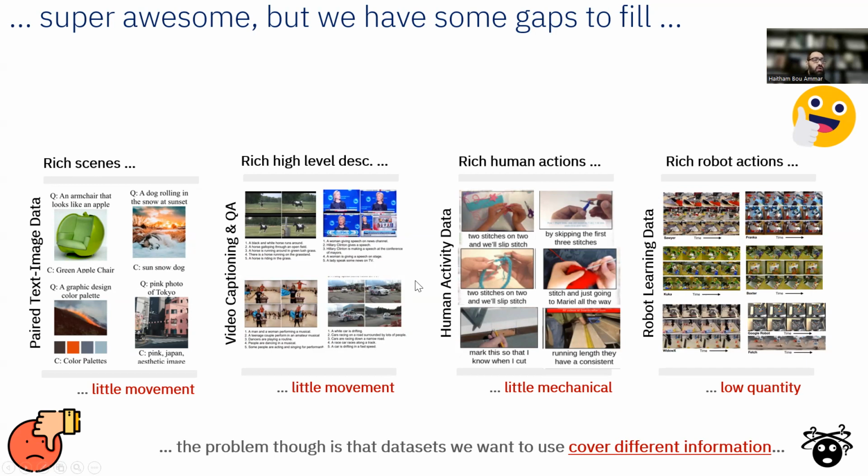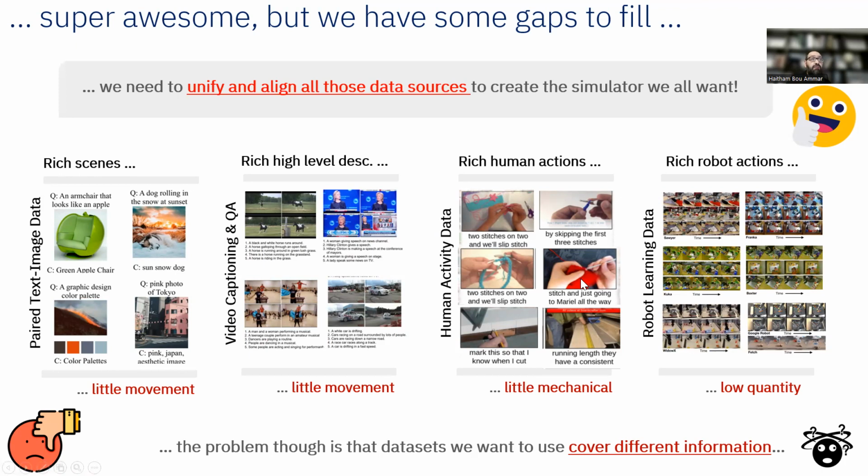So you see here that all these different data that is available for us to use to build the form of simulator that we are looking for do exist, but they cover different types of information. Some of them are static with little movement or little mechanical movement, and some of them are not large in quantity, and we need to solve that problem if we want to use that type of data to build our simulator.